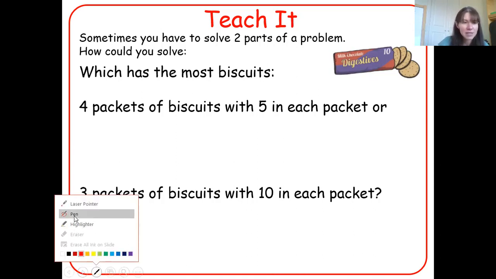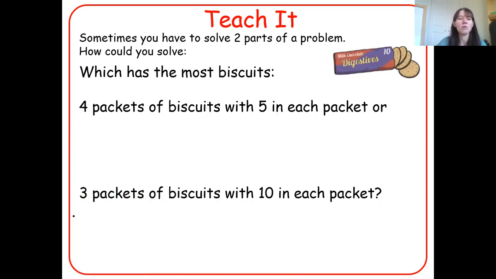Who can shout the loudest to tell me? Oh, well done. It's 4 times 5. Okay, so we've got to do 4 lots of 5 to work out how many biscuits there would be.